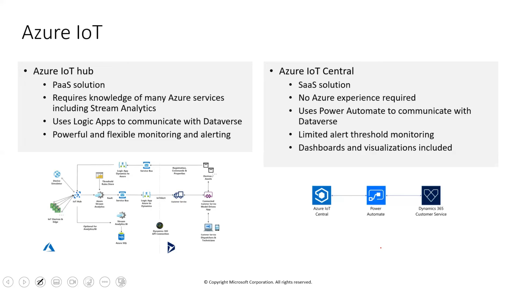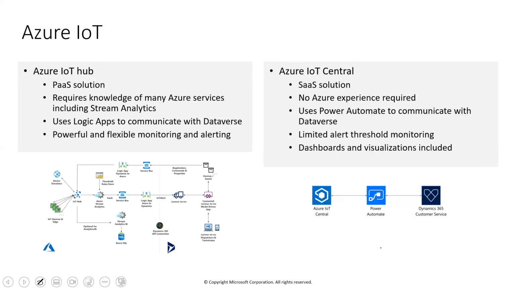You can use Power Automate to communicate with your Dataverse. In Azure IoT Central, the Power Automate portal can be integrated, and then we can create some flows in Power Automate, and using those flows we can call the data from IoT Central and transfer it back towards my Dataverse. So we can configure some flow accordingly.